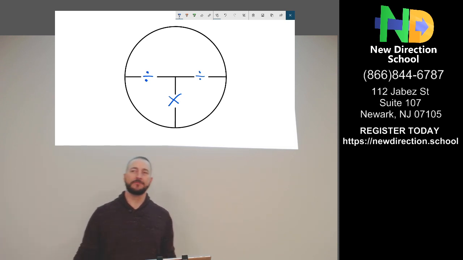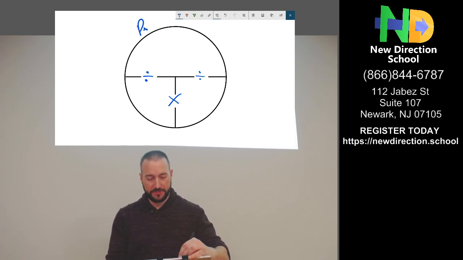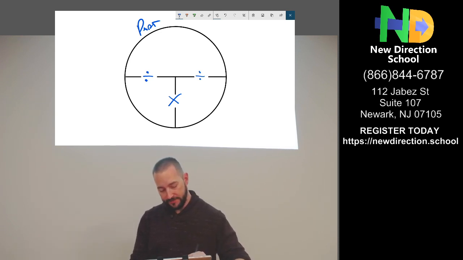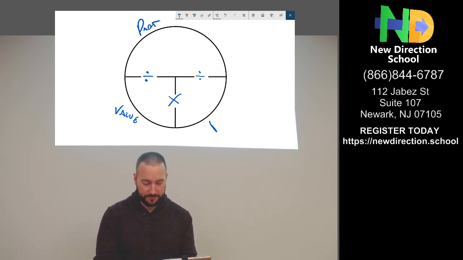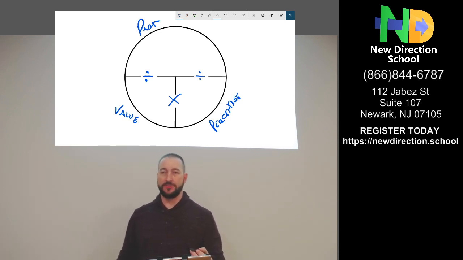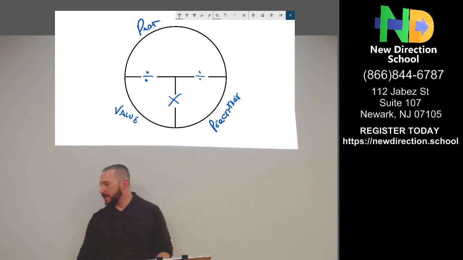And then I have there written part, portion, or income, right? And then on the left, I have value, total, or base. And on the right, I have percentage, rate, or interest, okay? So these are the three empty spots.